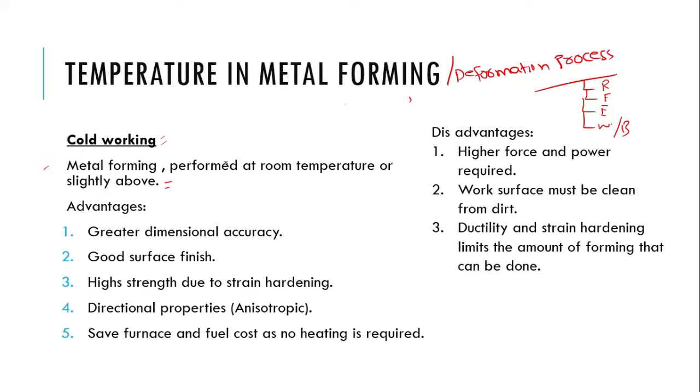So why are cold working processes preferred? What are the advantages? The main purpose of cold working operations is, as we discussed, when stresses are applied, as I told you before, there are grains inside the material. Each grain has a different arrangement of atoms within it, right?